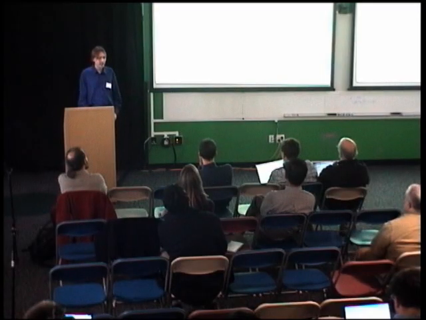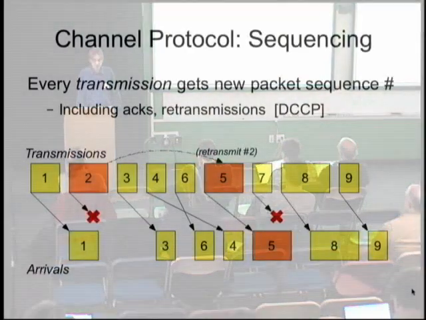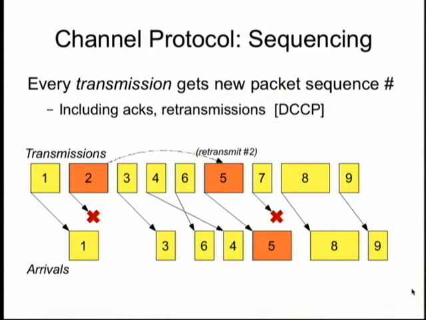The main important things it provides are sequencing, acknowledgement, and congestion control. So the channel protocol assigns a fresh sequence number to every transmission, including acknowledgements and retransmissions of old data. In this respect, it operates a lot like DCCP if you're familiar with that protocol.